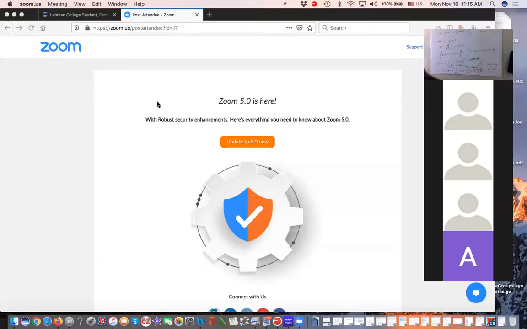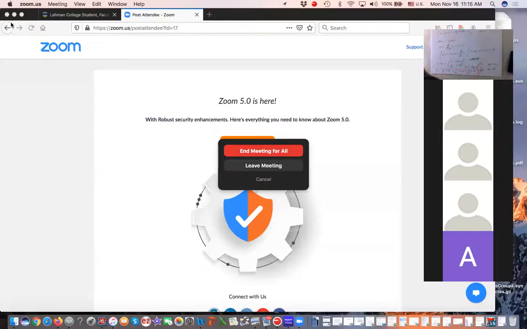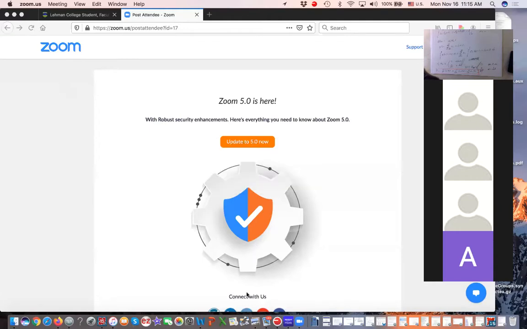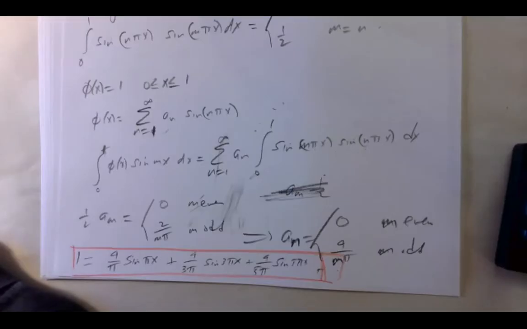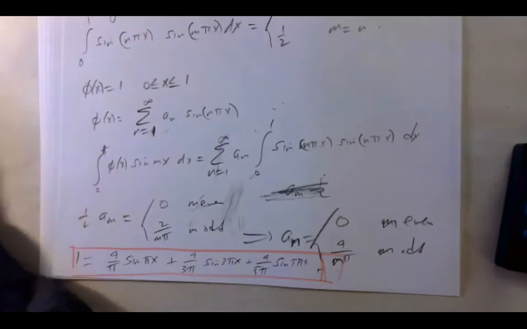I don't want to do that. What I want to do is open some version of Maple. Here we are.